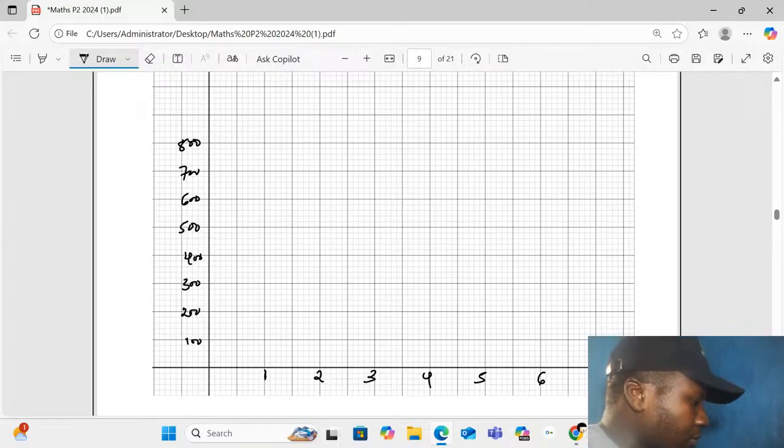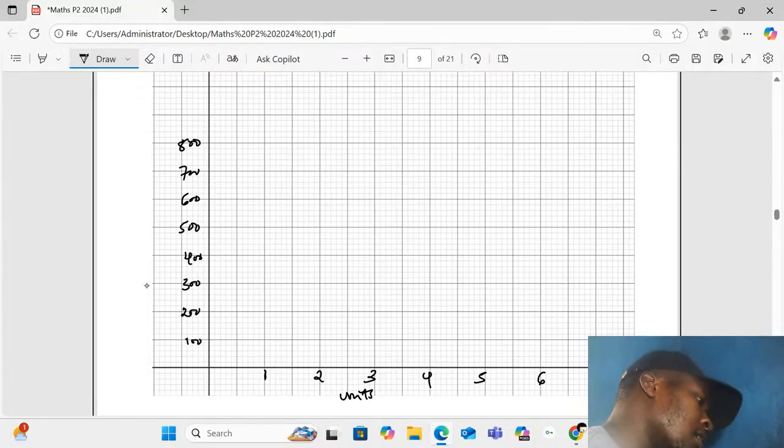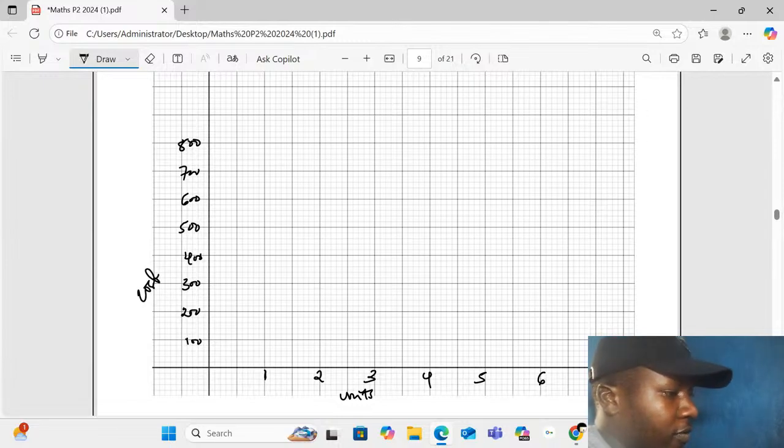This is the units, and this is the cost.